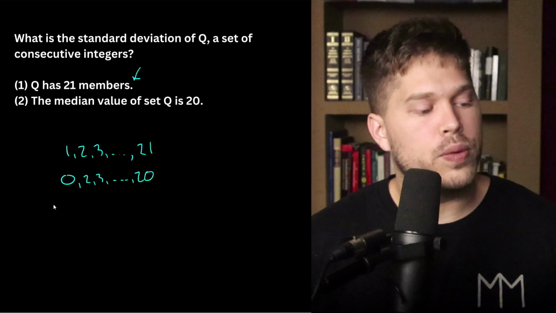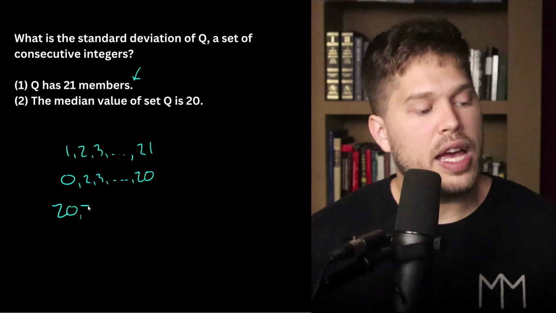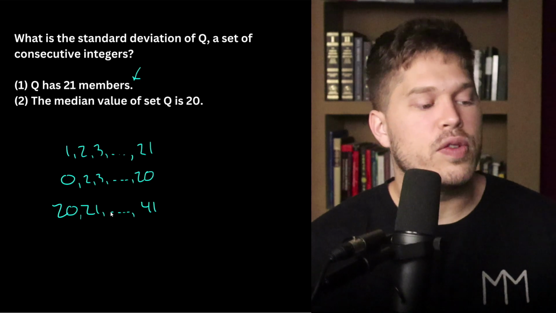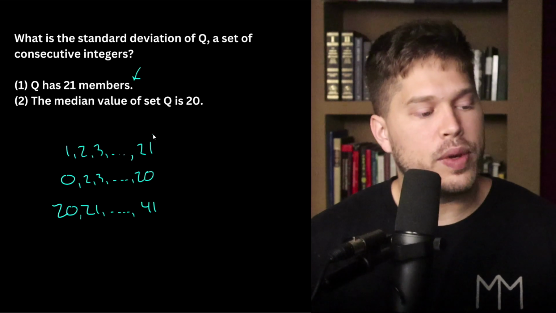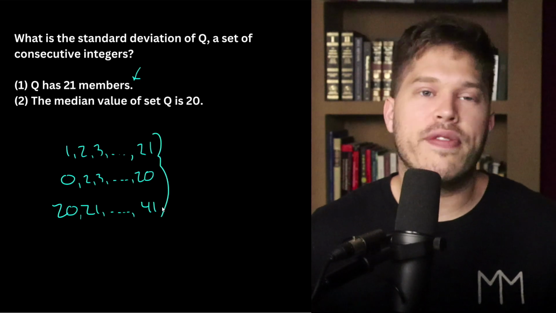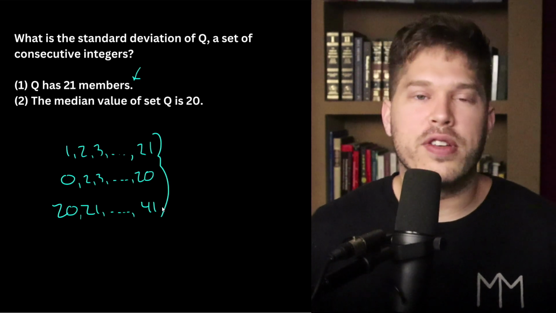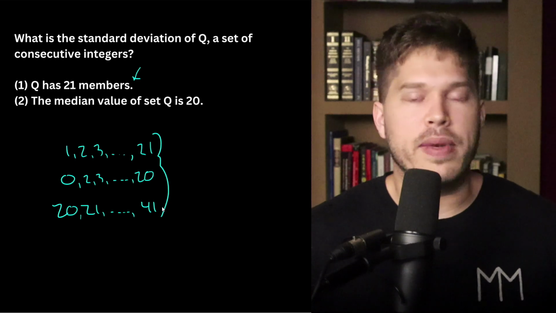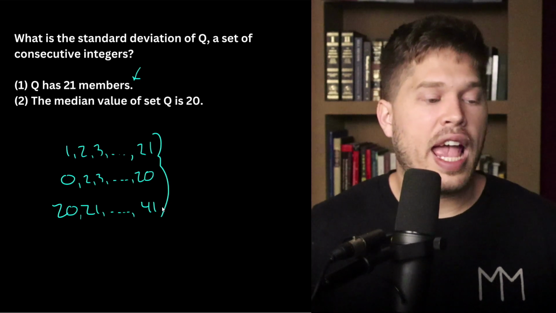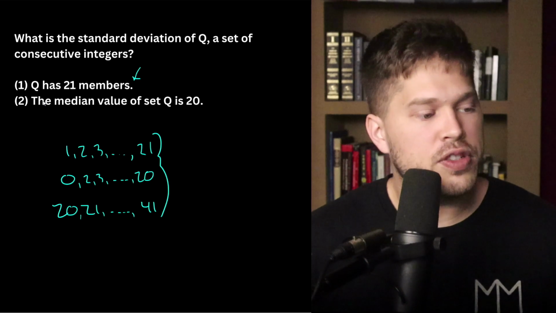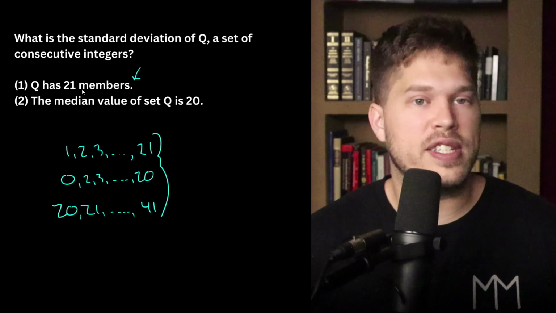We could start at 20 and go all the way up to 41. It doesn't so much matter because all 3 of these sets would have the same standard deviation. Okay, because all that really matters is how many members are in our set and the spread amongst all of our numbers. So statement 1 is sufficient to answer this question.